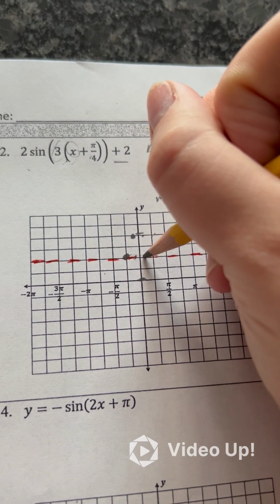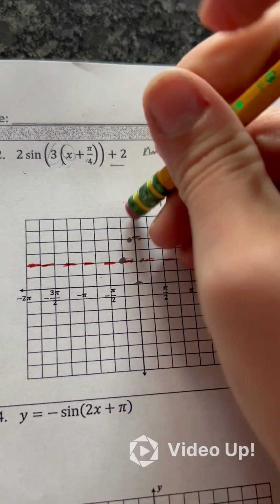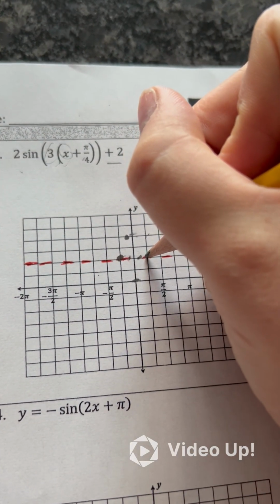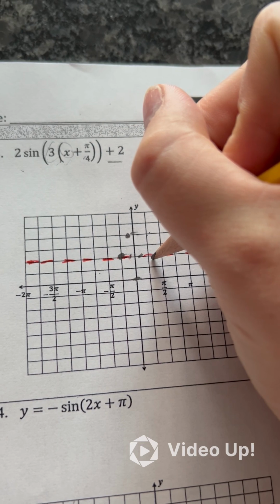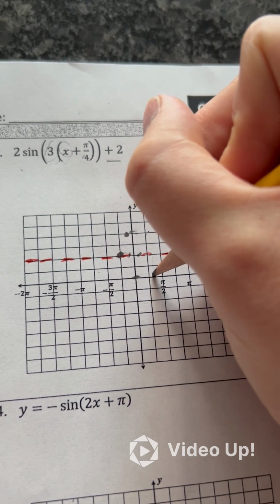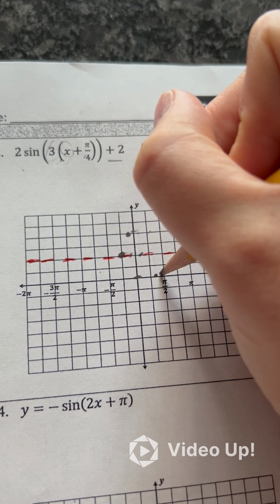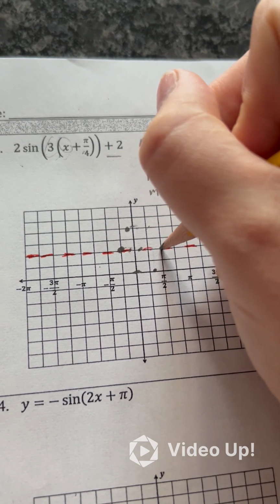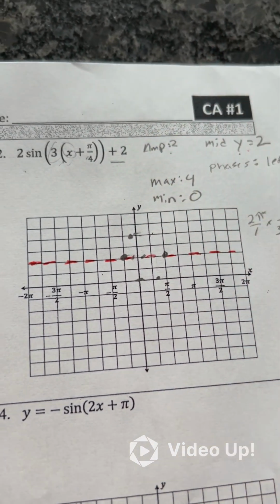So midline over here, all right? Now we're gonna go 1/3, 2/3 down at the min. We're gonna go 1/3, 2/3 here, all right?